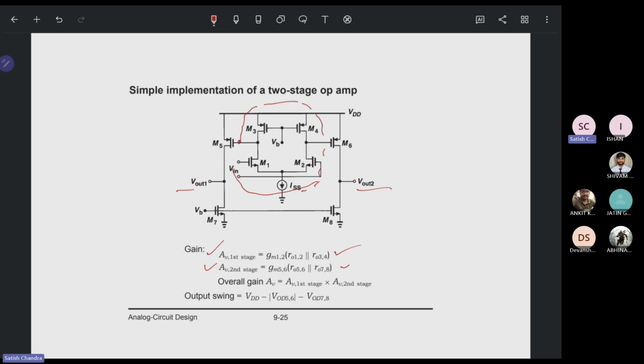Basically, this is the first stage and the second is this one. Now the overall gain, multiplying both, gives this one. In this case, the output swing goes from VDD minus VOD5,6 minus VOD7,8. VOD means overdrive voltage.